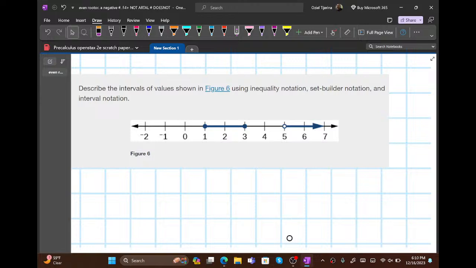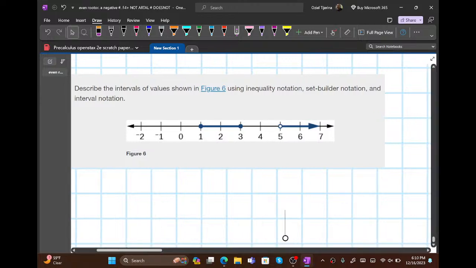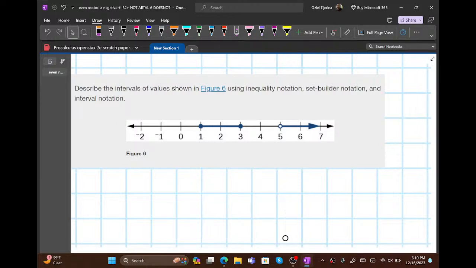With set builder notation, I do believe it's going to be an or statement. So first I'm going to use inequality notation.